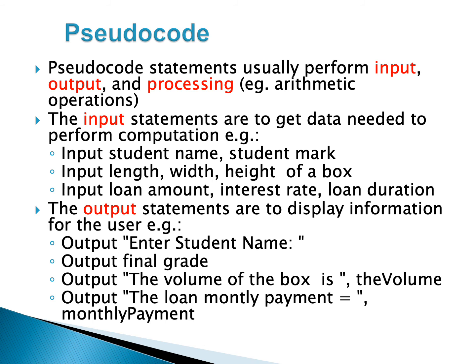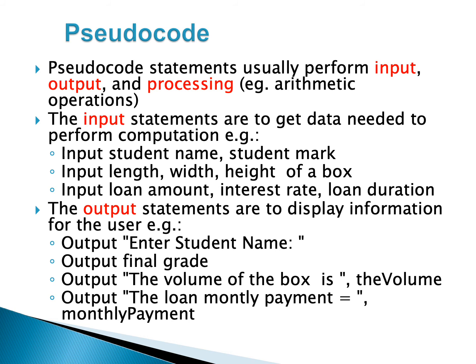Pseudocode statements usually perform input, output, and processing, for example, any arithmetic operations. The input statements are to get the data to perform the computation, for example, input the name, mark, length, or width.